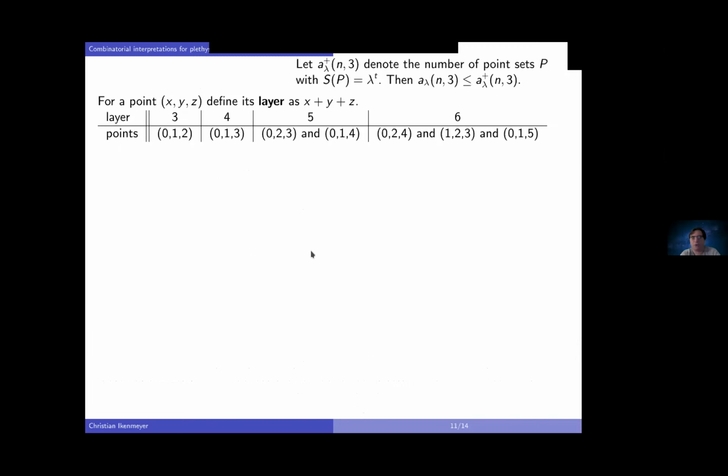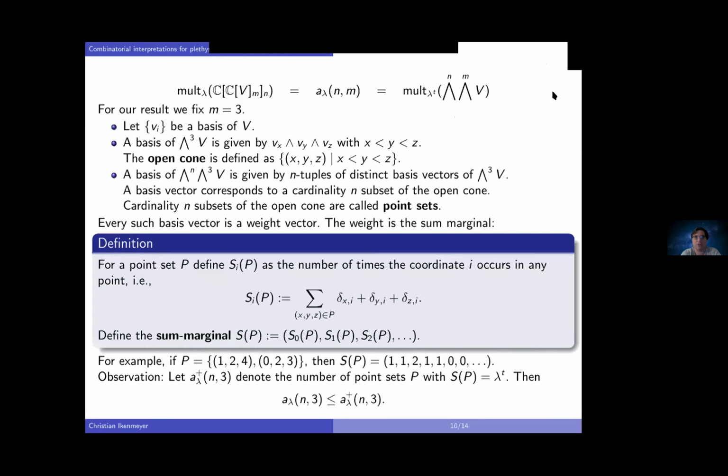So maybe before you go to the next slide, let's ask if people have questions. Oh, yes, please go ahead. Yes. Here's an upper bound on the coefficient. This is the dimension. This is combinatorial. You're counting points now.